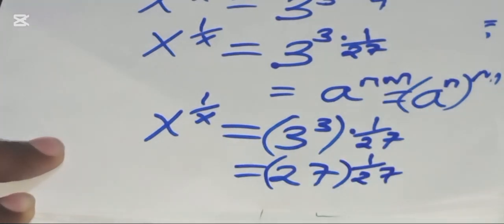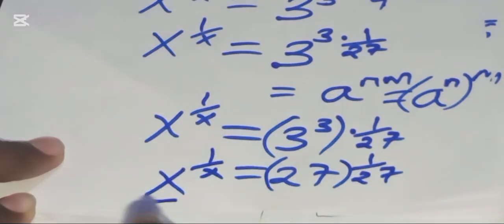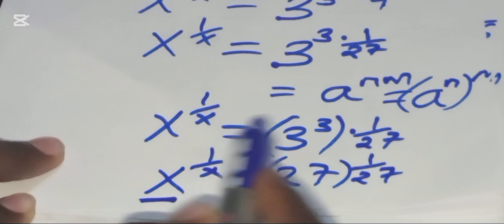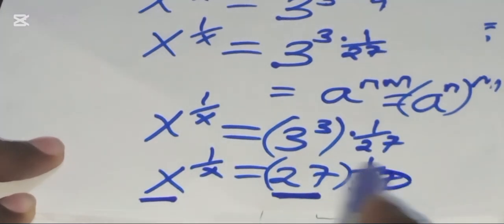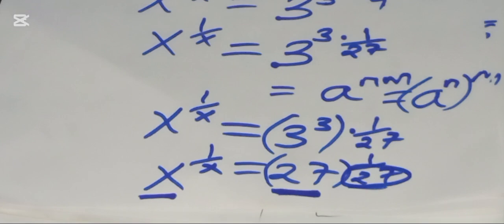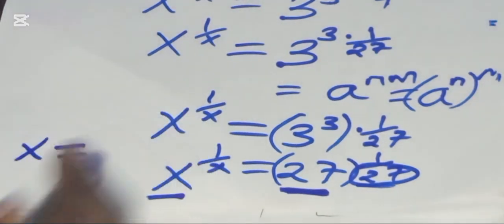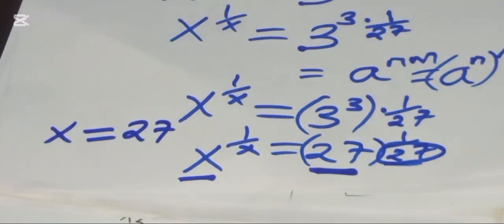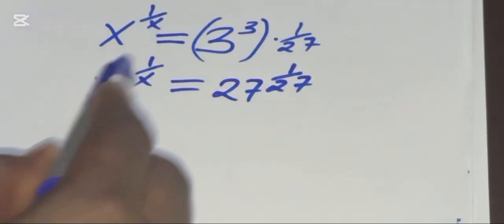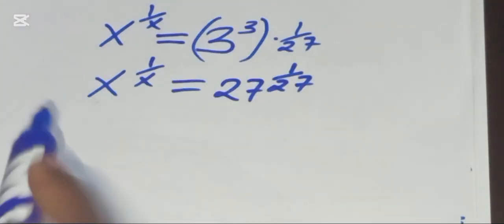Okay. So as you can see, the base x is the same as the exponent x, and the same case here we have the base 27 is the same as the exponent 27. And that implies that the value of x is equal to 27. We have x to power 1 over x is equal to 27 raised to power 1 over 27.